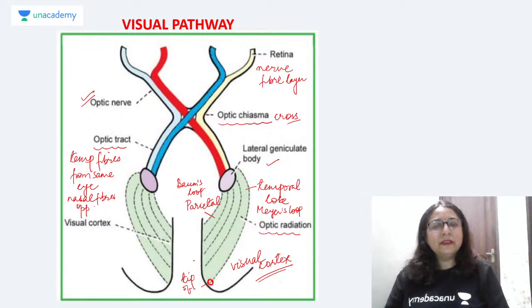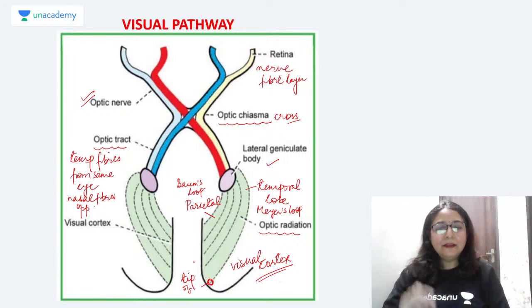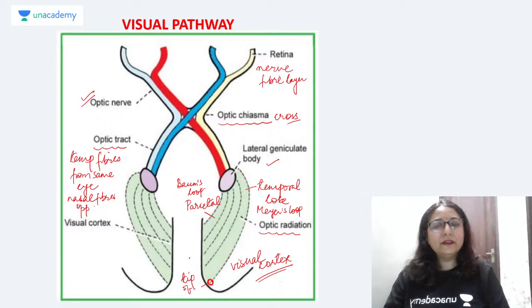So if it is an occipital lobe lesion, usually due to infarction as a result of posterior cerebral artery involvement, the macular fibers will be spared. We'll be discussing how the different field defects are produced.